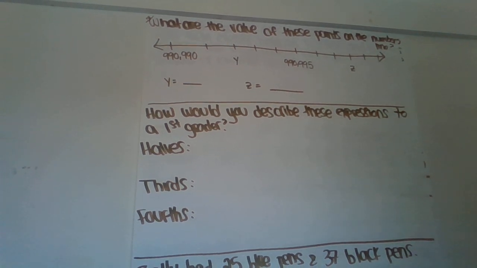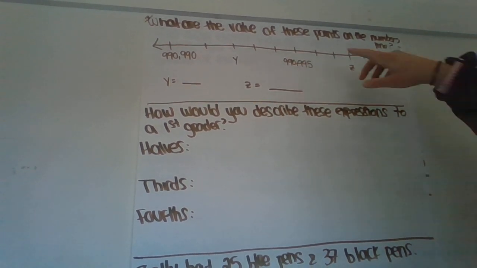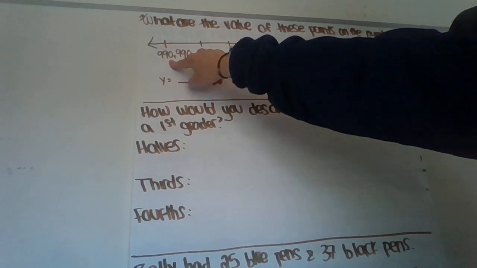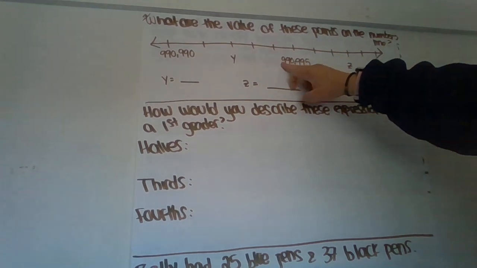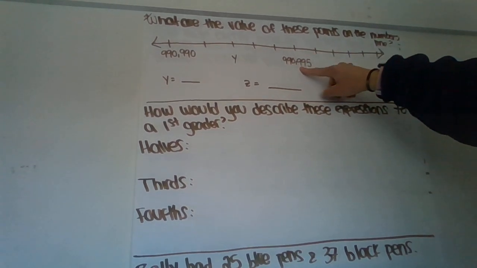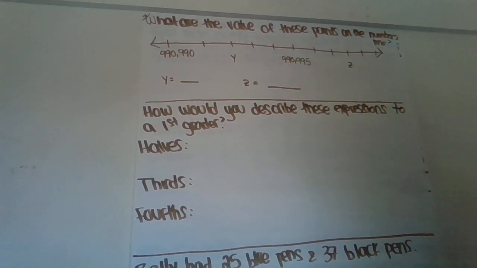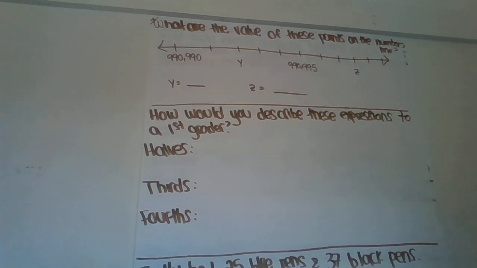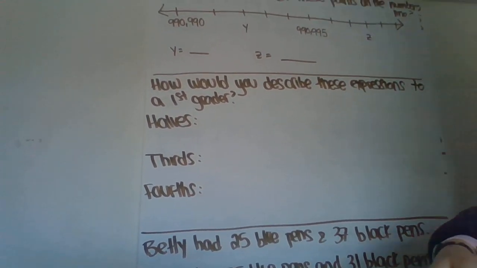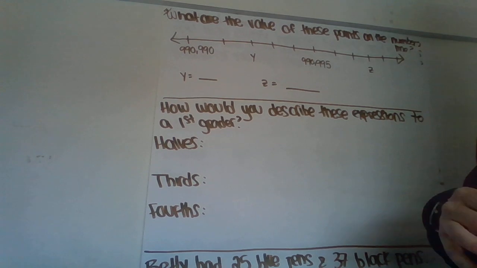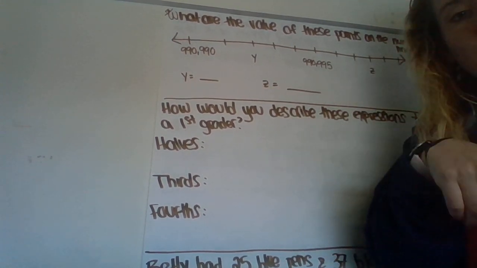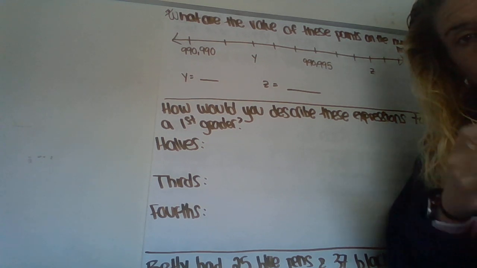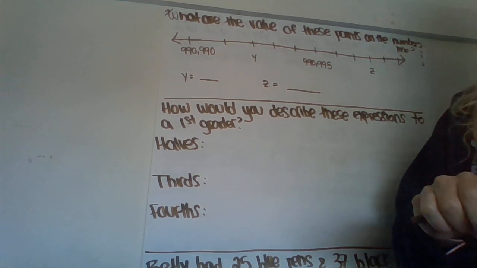All right. So when I look at this, I see that my number line is starting at 990,990, and this point says 990,995. One important thing that I need to do is check what I'm counting by, because whenever I look at a number line, I need to know what the increments are, what the marks are going up by.